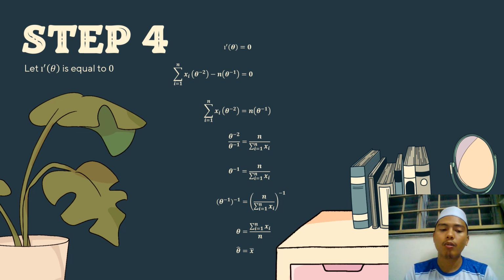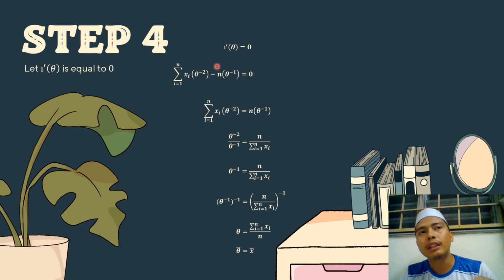Step 4, let the first order derivative of the log likelihood function be equal to 0. So summation of x times theta power of negative 2 minus n times theta power of negative 1 is equal to 0.